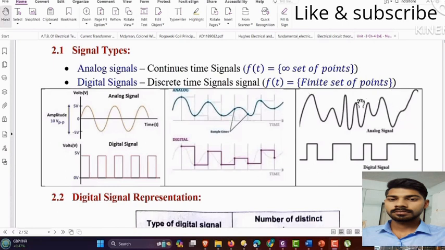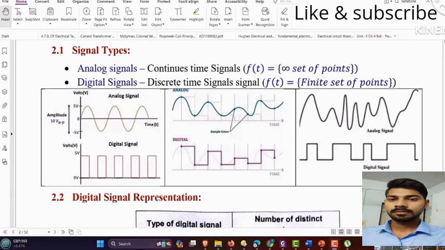The third figure again indicates another analog signal which is randomly varying with respect to time, but it is a continuous signal. Whereas the digital signal shown here has only two values, the high value and low value.